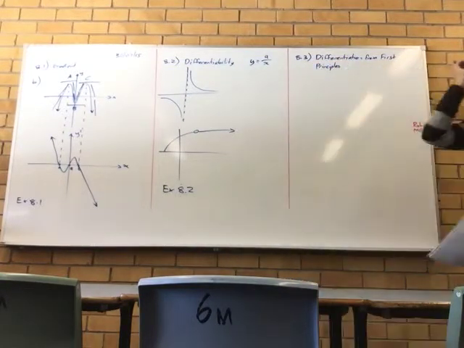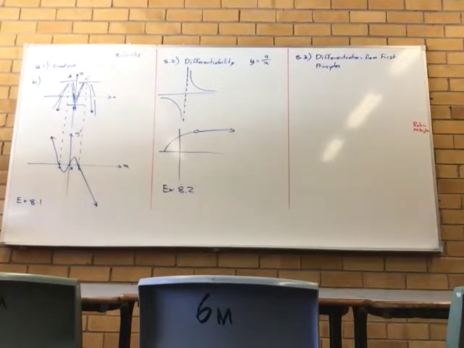Alright, differentiation from first principles. So, we've talked about differentiation so far. Differentiation is the process of finding the equation of the tangent, and that's what we're getting into today. So, the tangent is a straight line.